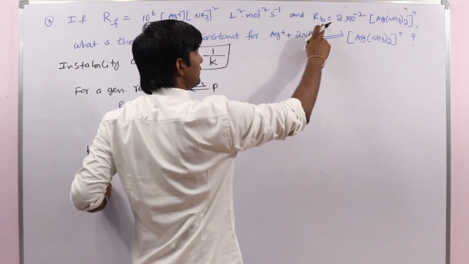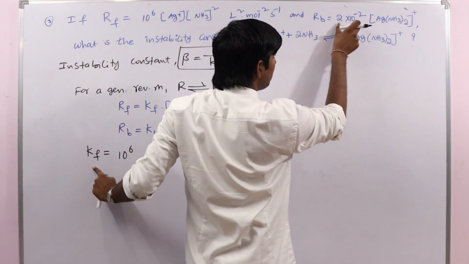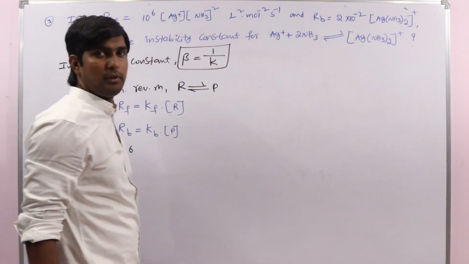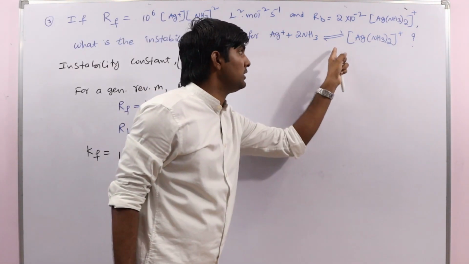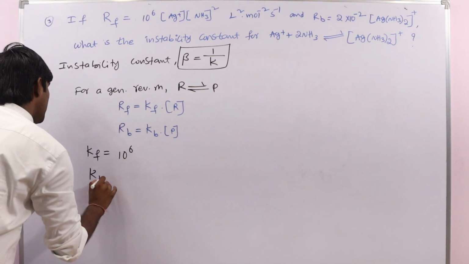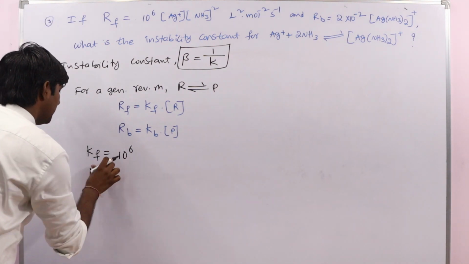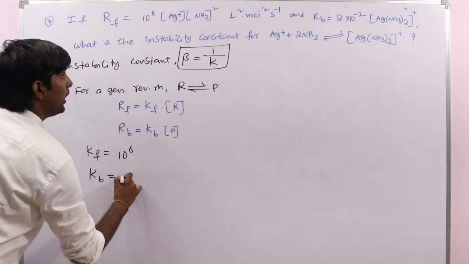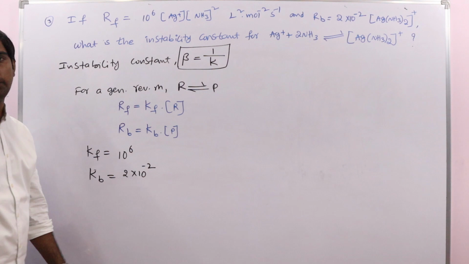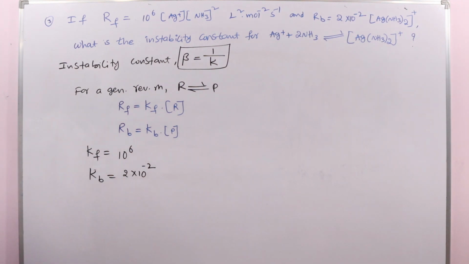Now if you observe, the rate of backward reaction equals the backward reaction rate constant into the concentration of the product. This is the product in this equilibrium, right? Therefore Kb is equal to 2 into 10 power minus 2.